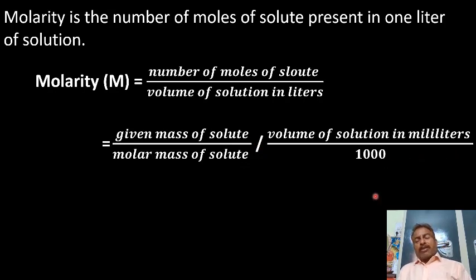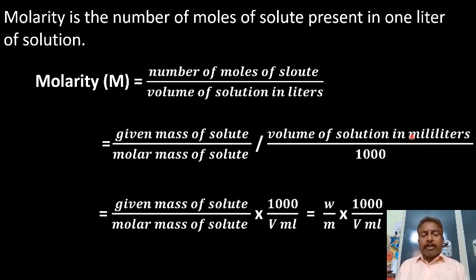In most cases, volume of the solution is given in milliliters. Therefore, this is to be converted into liters: volume of solution in milliliters by 1000, because 1 liter equals 1000 ml. This is nothing but given mass by molar mass into 1000 by V mL, so the formula is W by M into 1000 by V mL. This is the formula of molarity.